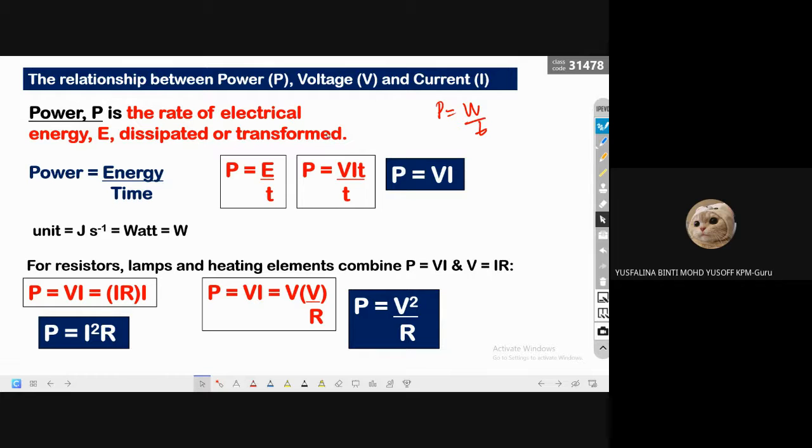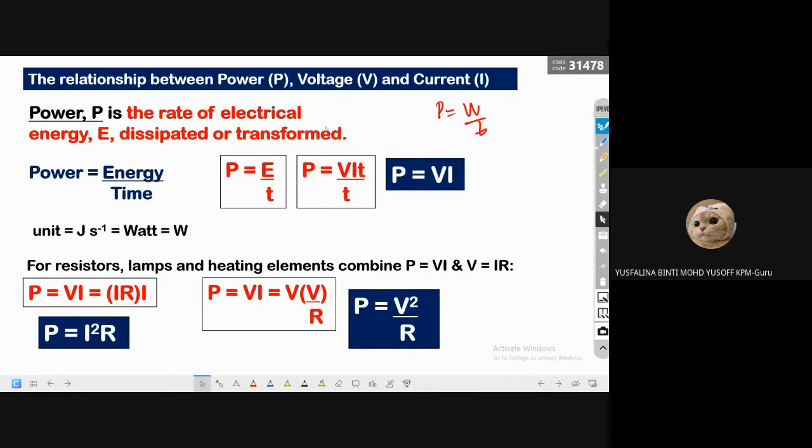Remember when we learned about effective resistance? I told you, if we need heat energy, we have to use high resistance.